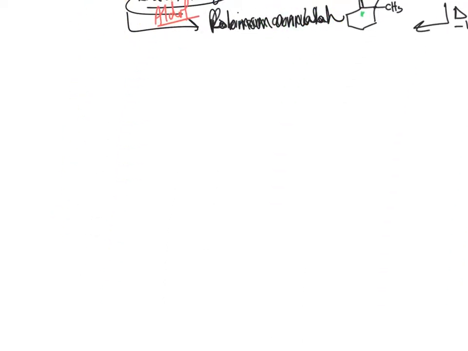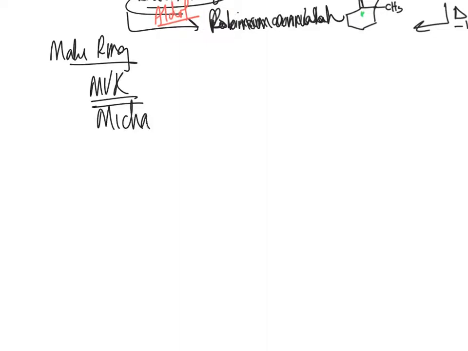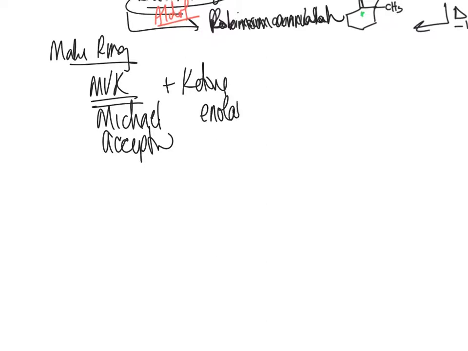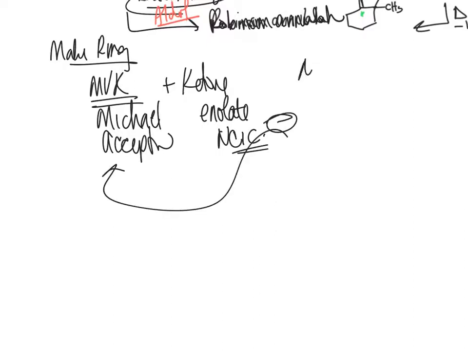Okay? It's going to make a ring. That's ring forming. You use the methyl vinyl ketone most often. So your first step, this is a Michael acceptor plus a ketone. Okay? Ketone is going to be your enolate. This is going to be your nucleophile. You can say that's the Michael donor. And it's going to attack your Michael acceptor. You're going to use sodium hydroxide base.